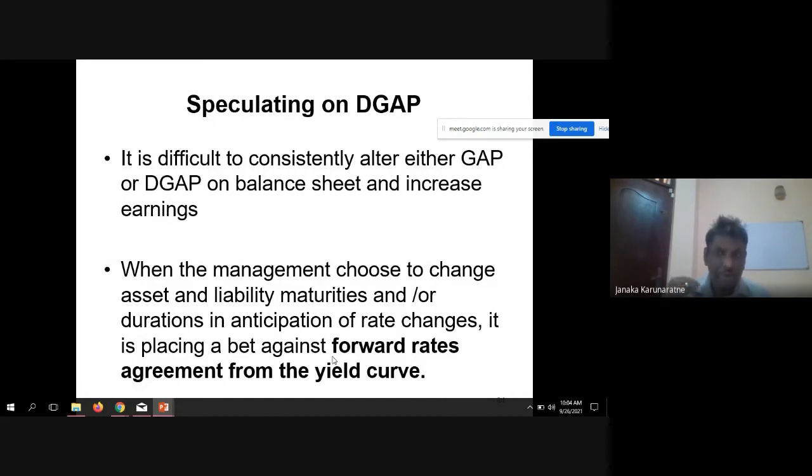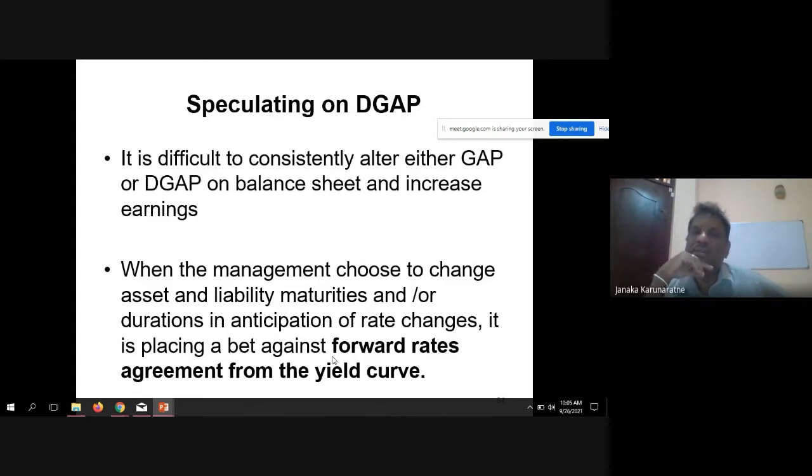But you have to monitor closely and be mindful of any significant changes, significant impacts for any possible interest rate scenarios in the future. So when the management choose to change asset and liability maturities and duration in anticipation of interest rate changes, it is placing a bet against the forward rate agreement from the yield curve.